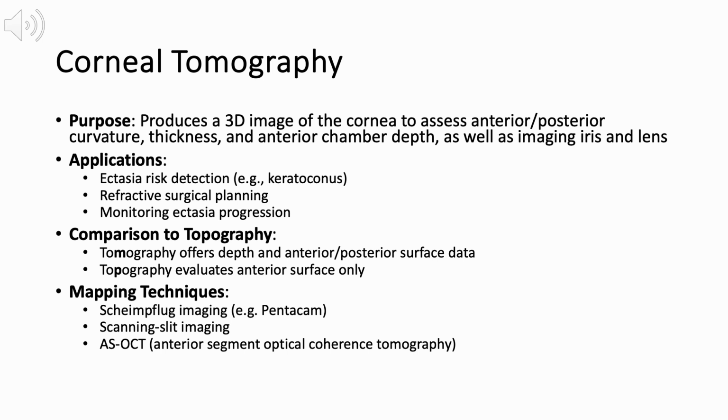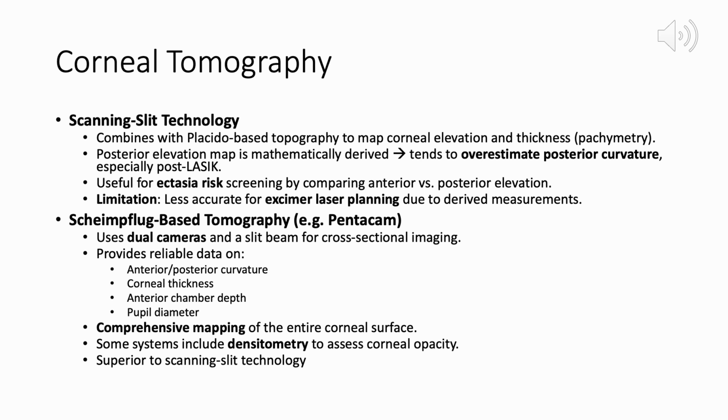Common mapping techniques used in tomography include Scheimpflug imaging, for example, Pentacam, scanning slit imaging, and anterior segment optical coherence tomography, or ASOCT. Now let's dive deeper into the two main types of corneal tomography technologies.